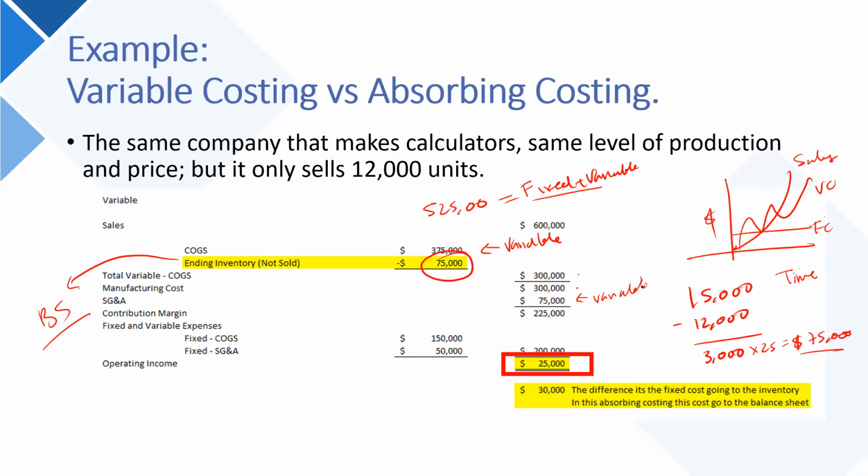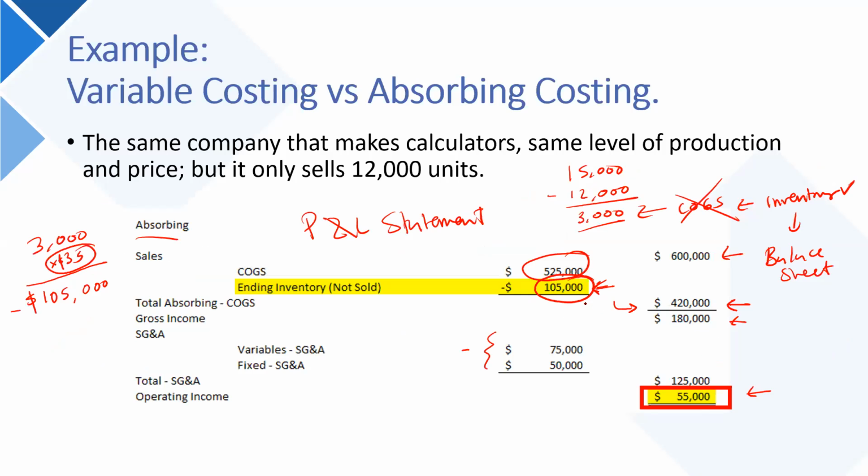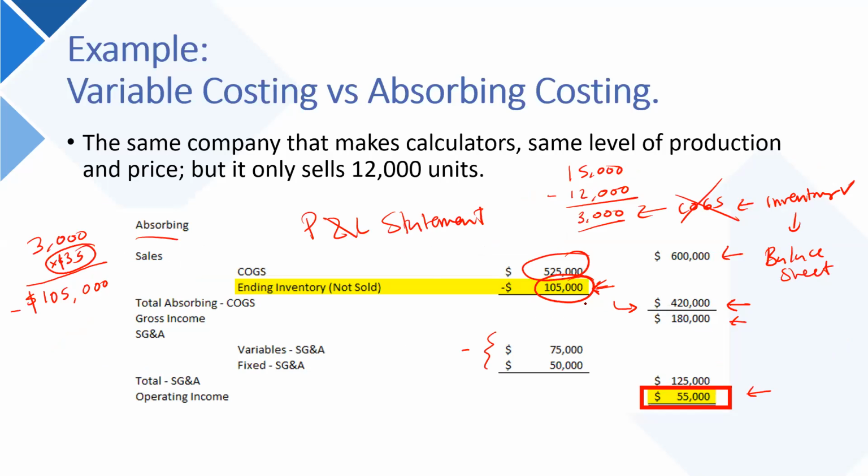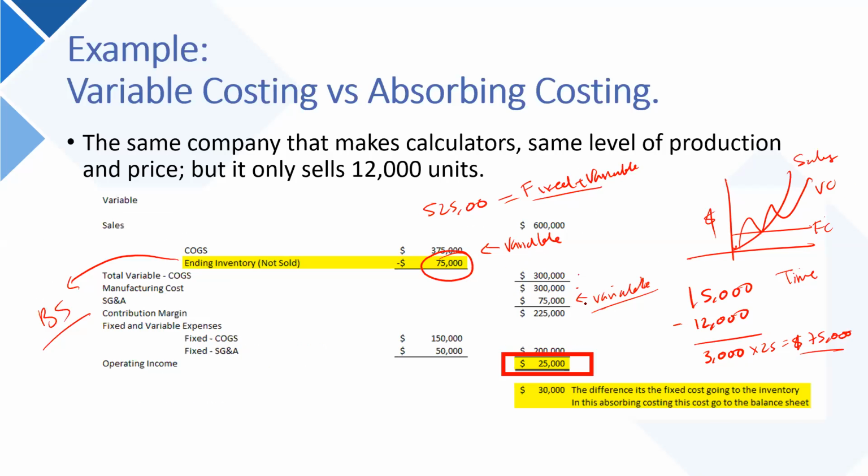The question you might be asking yourself right now is: if we took 105,000 from the other statement and we are taking only 75,000 from here, where is the rest of the money?